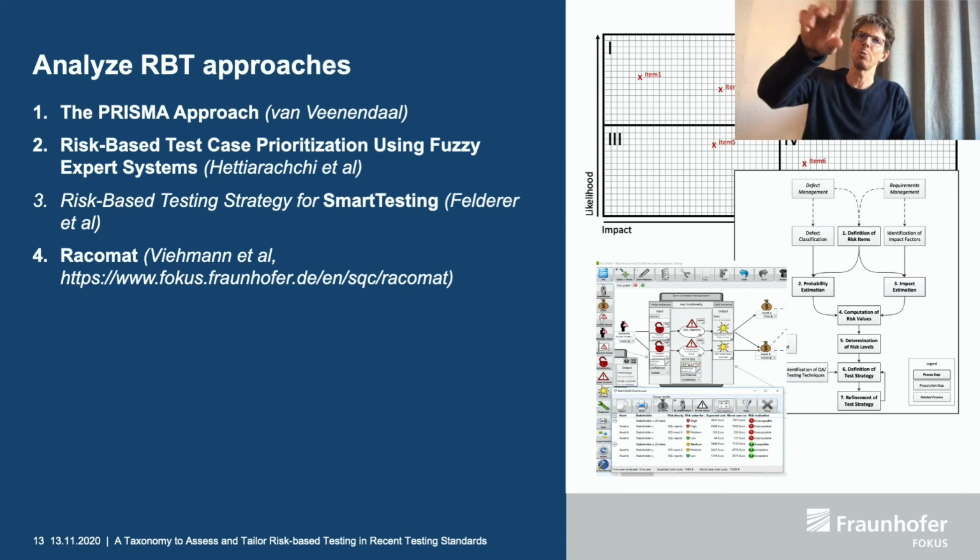So you can see the risk matrix on the right hand side of the slide, and the main purpose is to classify your software items with respect to the different parts of this matrix, and to define different test strategies for all areas of this matrix.